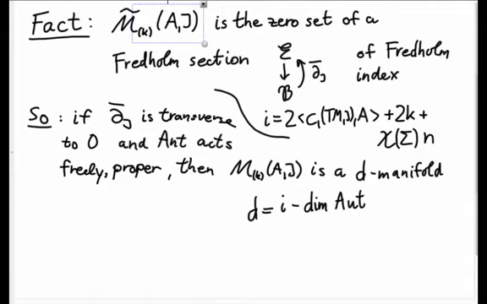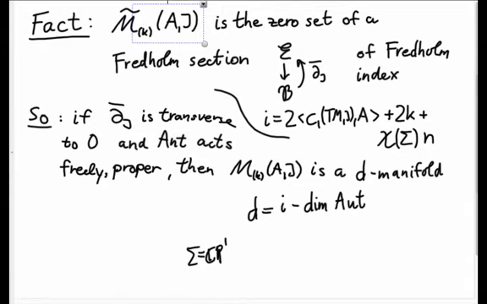I guess there's one test case that I always like to keep in mind to make sure that I have the right formula. So for CP1, let me get this right, the Euler characteristic is 2.